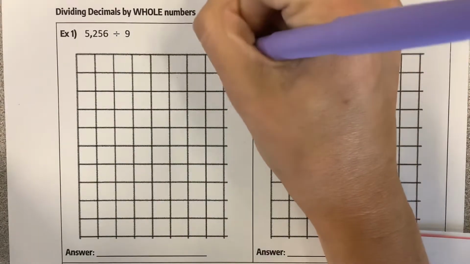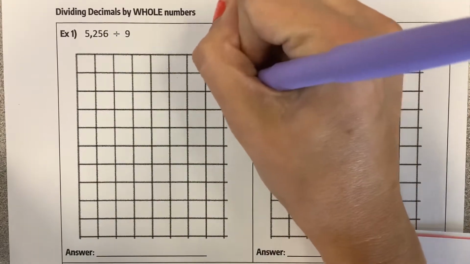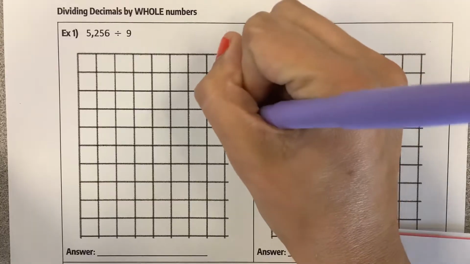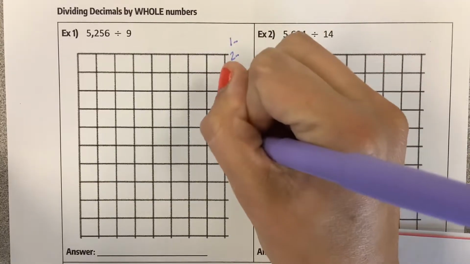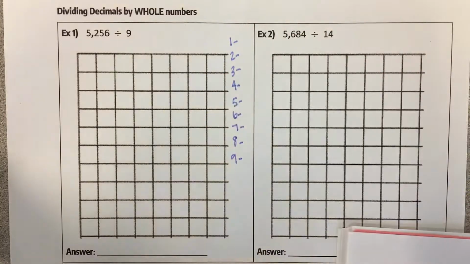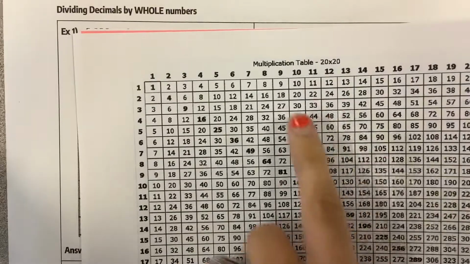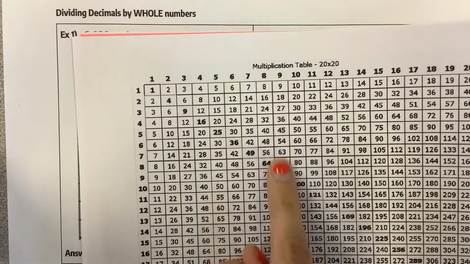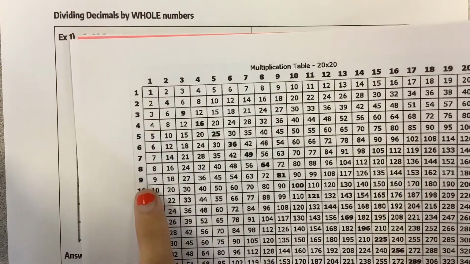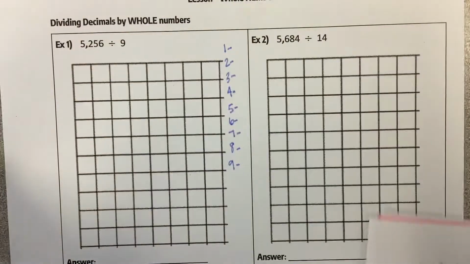So I'm going to write the first, second, third, fourth, fifth, sixth, seventh, eighth, and ninth multiple for the number 9. You can use your multiplication chart here, either going to 9 on the top and listing out those multiples, or going to 9 on the left side and listing out those multiples.